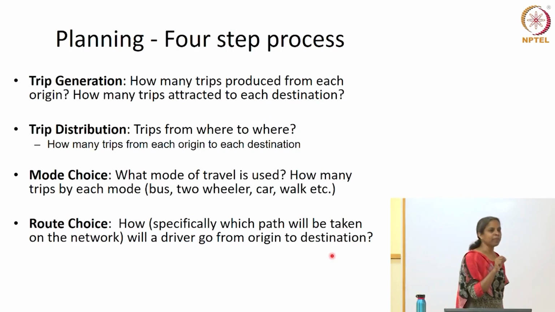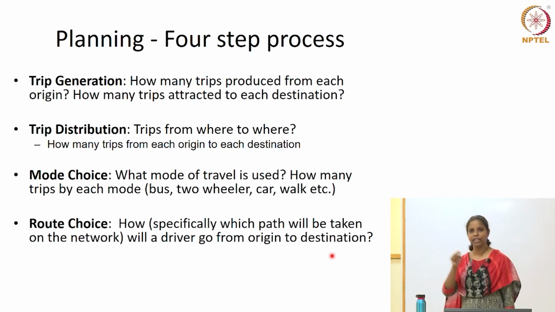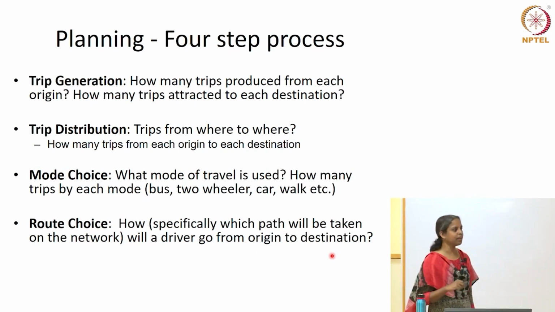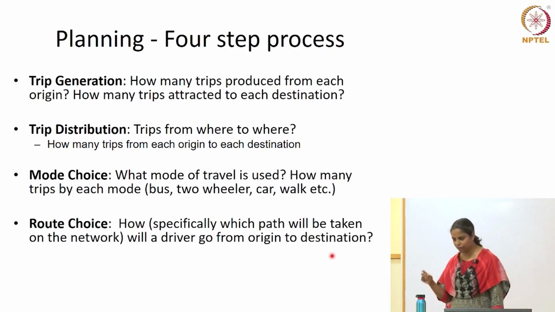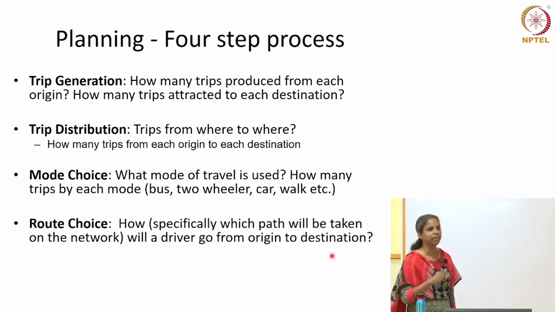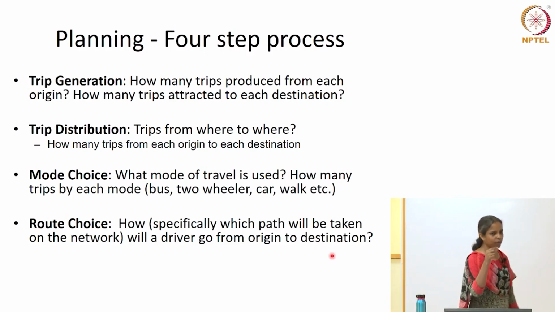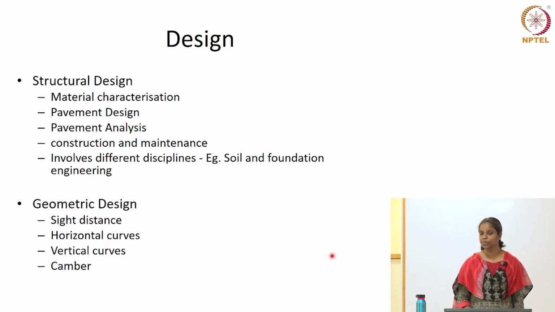You understand? So at the end of this, you know that on this route, this many two-wheelers and this many cars have to go. Then you get into the design, where you will use this information to design what type of roadway you need, how much thickness you should give, what material you should use and all those. So that's the next stage, which is the design.